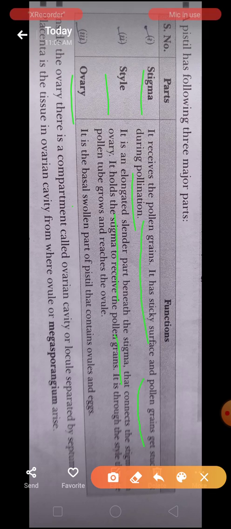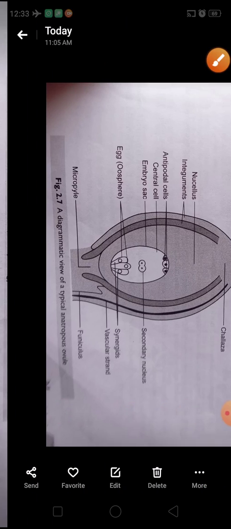Ovary is the basal swollen part of the pistil that contains ovules and egg. So the ovary is the main part in the angiosperm that has the ovules and egg where fertilization takes place. First of all we see the structure of the ovule.